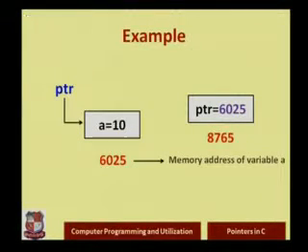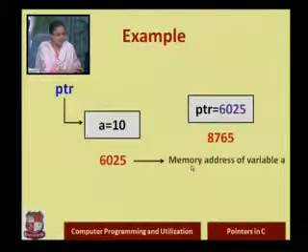Let us take one example. The situation in memory: a equal to 10, memory address is 6025. See, I have shown here the memory address of variable a, and ptr is made to point to this memory location. So what will be the value of ptr? ptr will have the address of variable a, that is 6025.